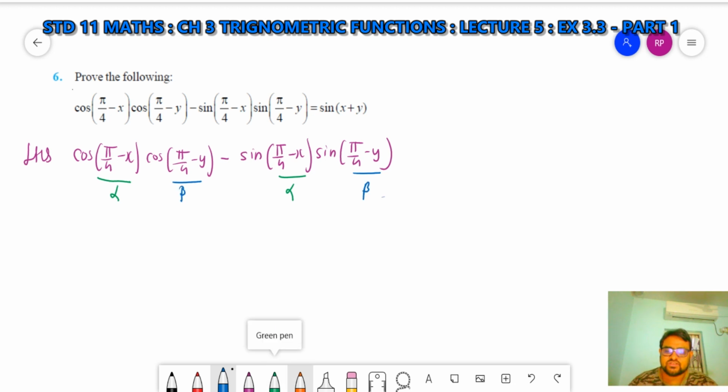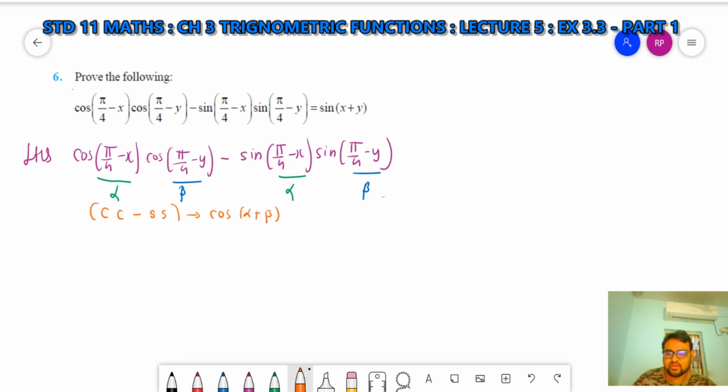So in short, I can write it in this way: C C minus S S. And what is this formula? Cos(alpha + beta). I will write this as cos(alpha + beta).